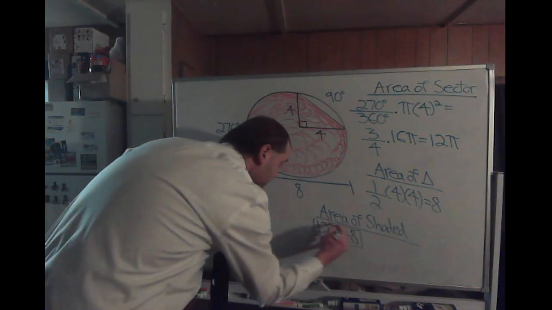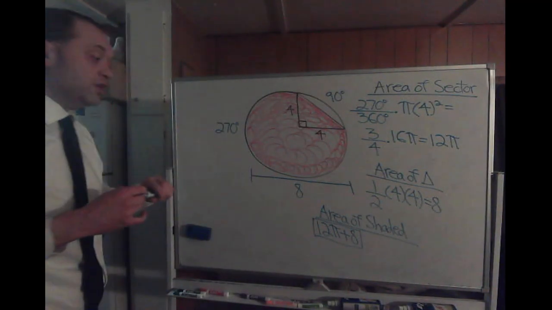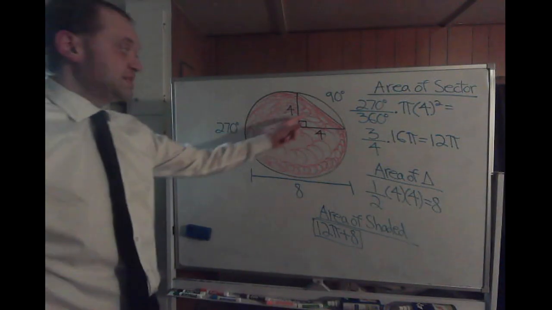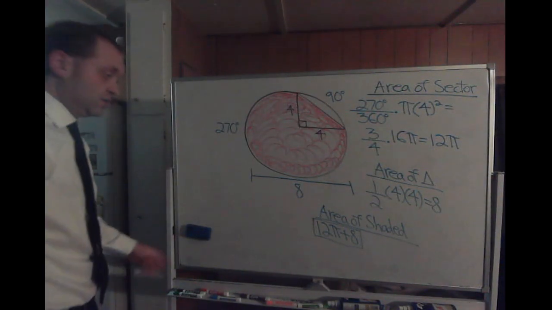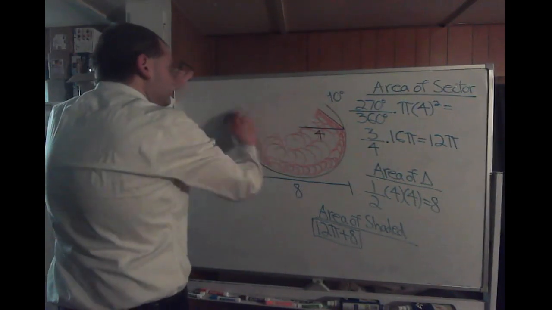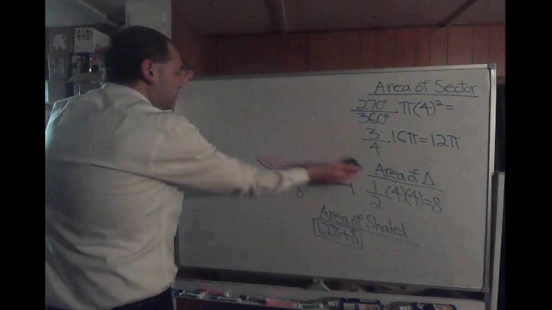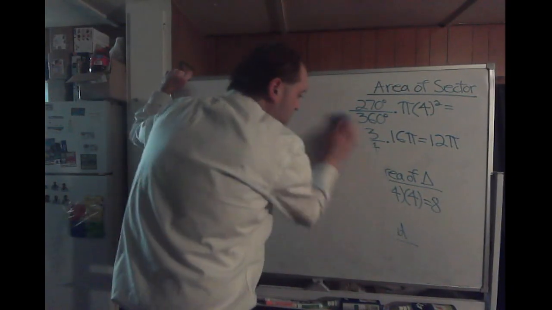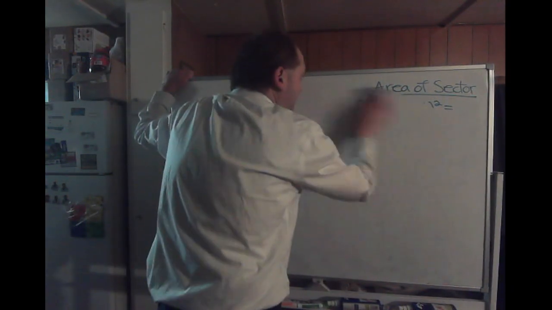So the area of the shaded region would end up being 12 pi plus 8, since you add the 270 sector plus the area of that right triangle. It almost just helps if you can visualize what you're really looking at here. That way you can know, hey, I have to add an area of a triangle to that 270 sector.